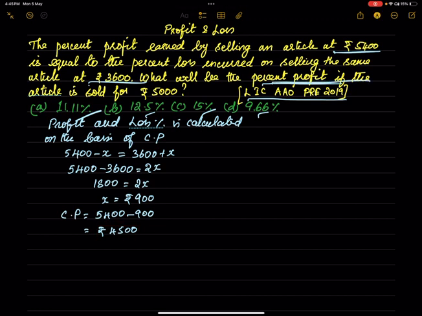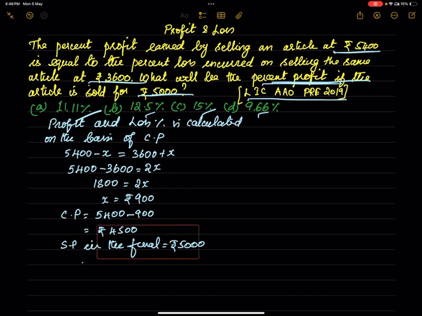The percentage of profit, when that article is sold for rupees 5,000. So SP in the final transaction is 5,000 rupees.